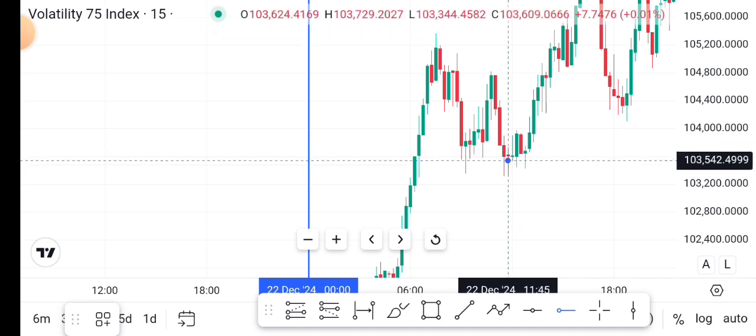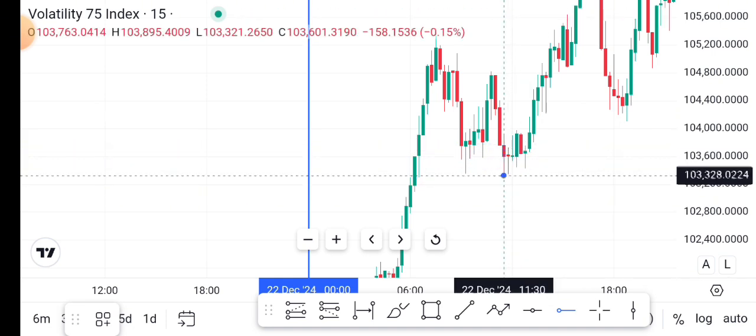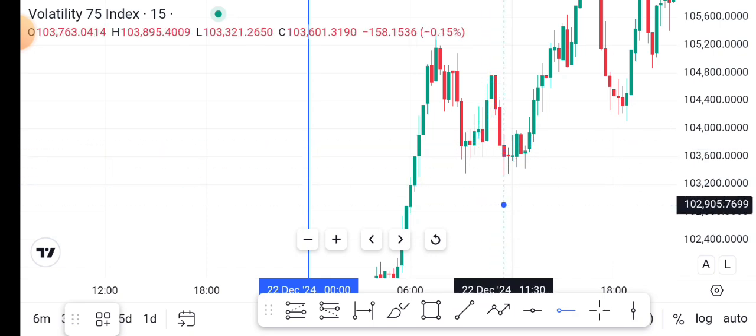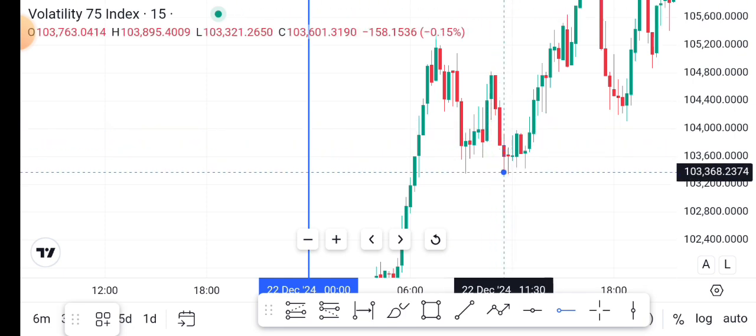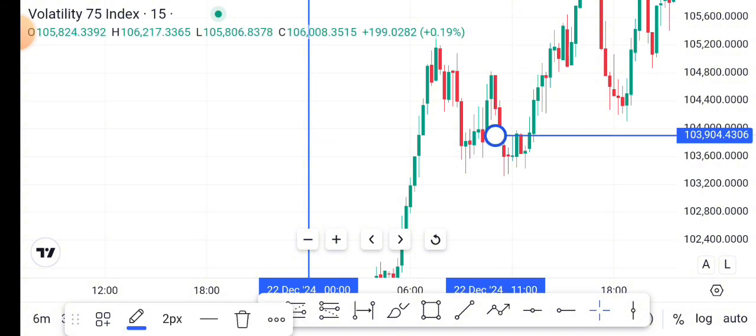This indecision here was our last selling candle, because it is the high. We find the candle that is the last to be high down and the last to be taken out. So this is our order block. We mark it exactly from the wick there, like that.